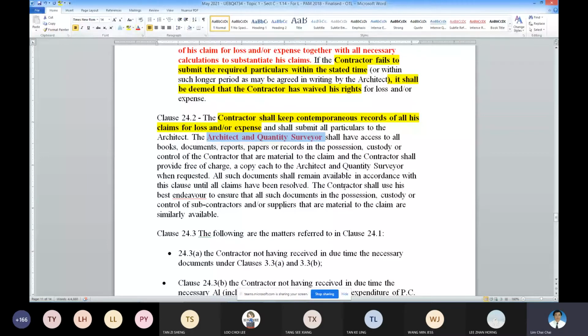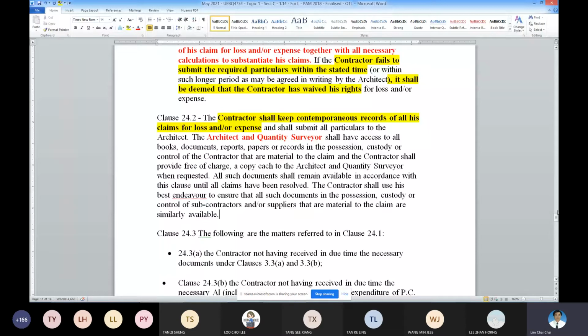If any additional information is required, then the contractor needs to comply. This is as usual. If everything is submitted properly, then no need. If not, then you have to comply with any additional documents.